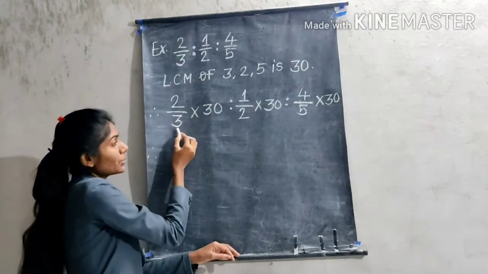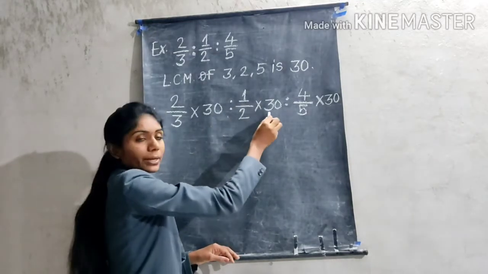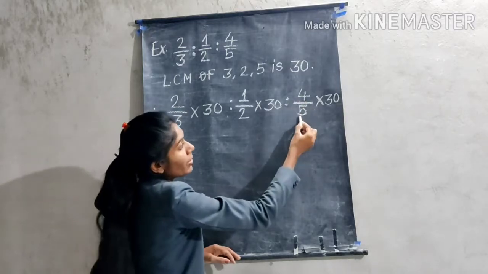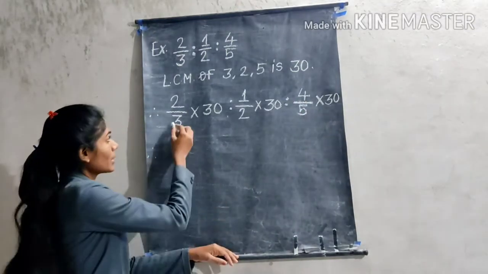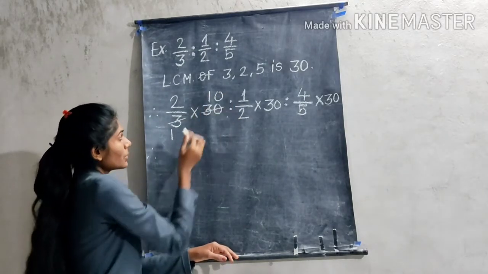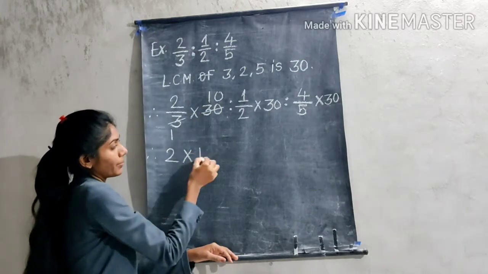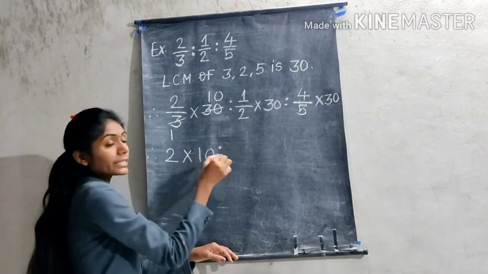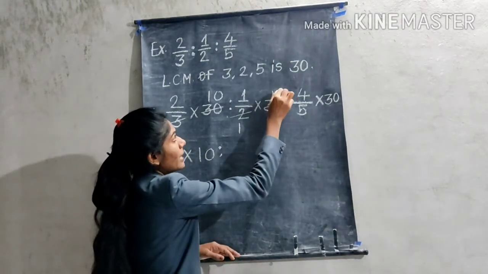So here I written 2 upon 3 into 30 is to 1 upon 2 into 30 is to 4 upon 5 into 30. Now let's simplify them. 3 ones are 3, 3 tens are 30. So here we got 2 into 10. The next quantity 2 ones are 2, 2 15s are 30.